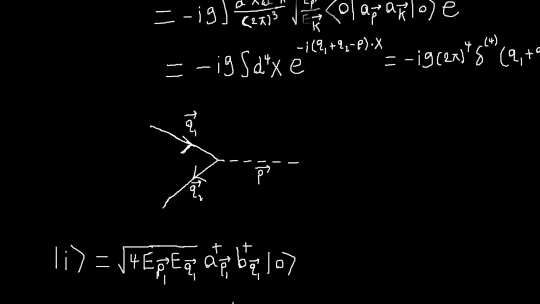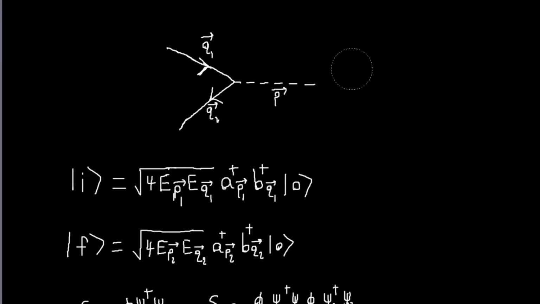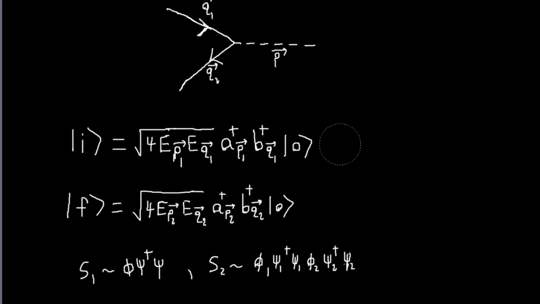So the more interesting problem is the second one, where we're doing scattering between an A particle and a B particle. So I have these two, these are my initial state and my final state.